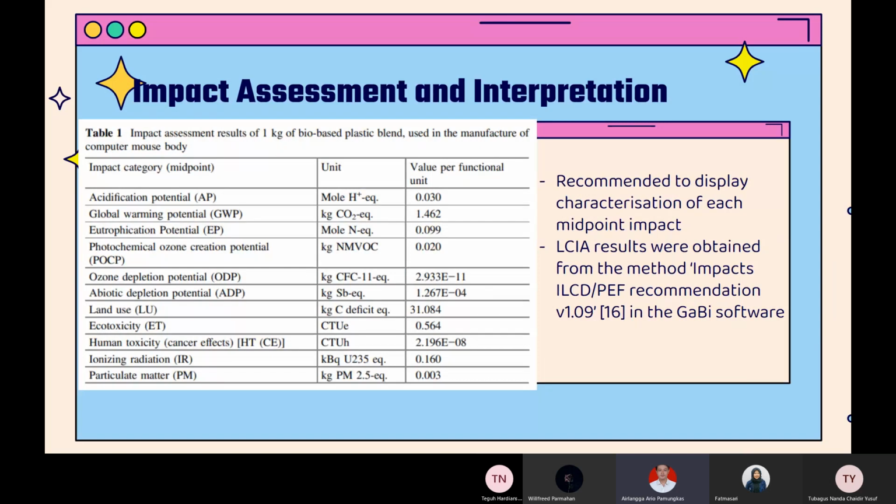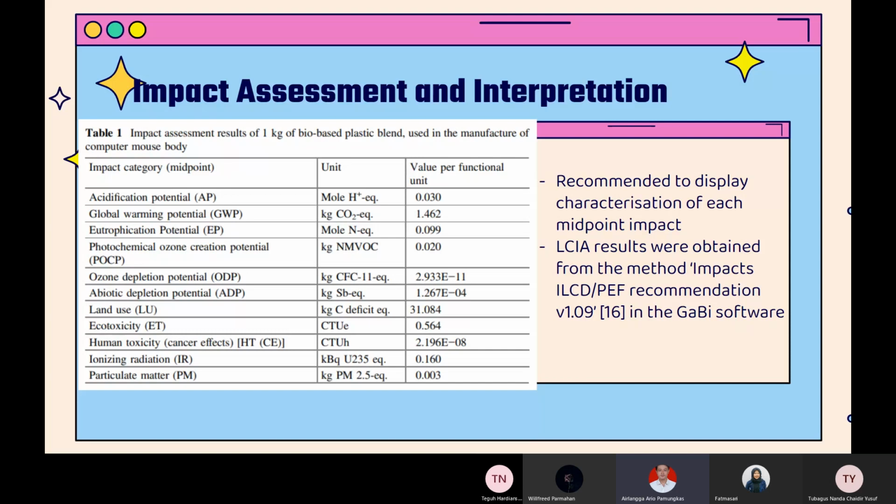Next is impact assessment and interpretation. Here we can show the impact assessment results of 1 kg of bio-based plastic blend used in manufacture. It is recommended to display the characterization of each midpoint impact, and the recommendation is given by LCIA.